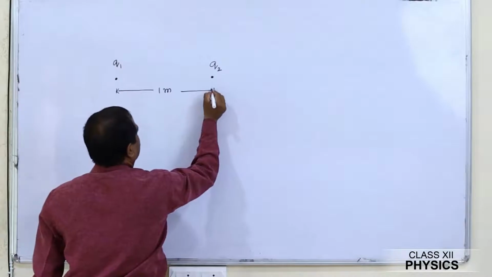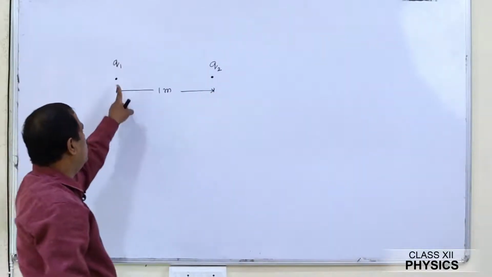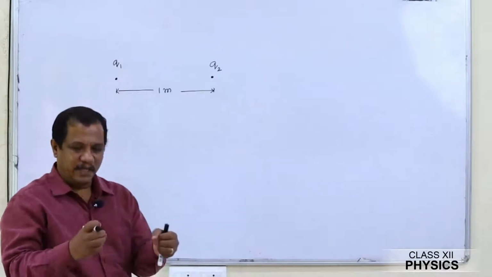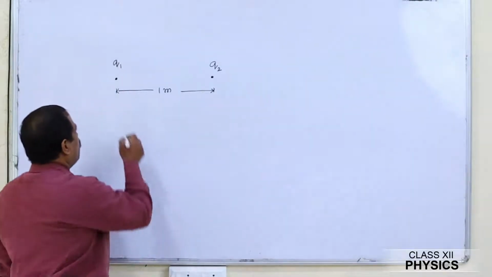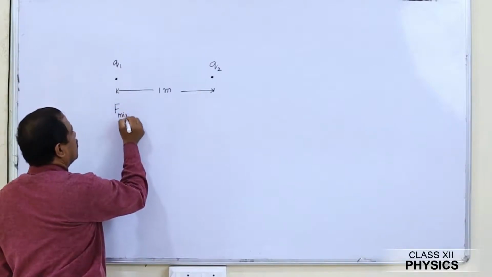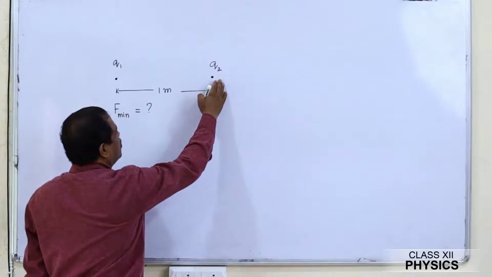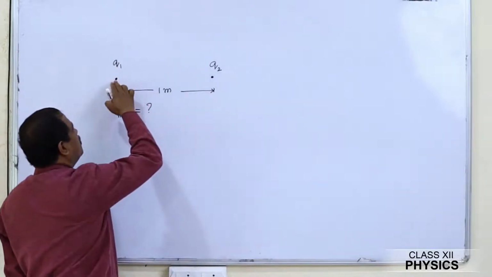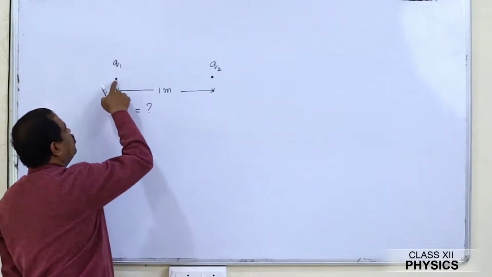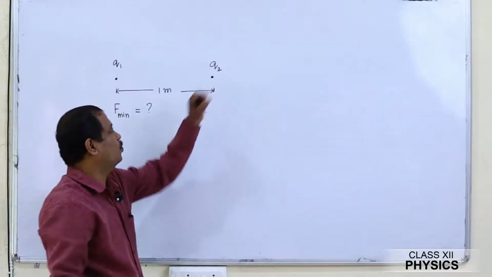The distance is fixed. The question is, now Q1 and Q2 both will be experiencing force. What is the minimum force that the charge Q2 will experience, or rather say, what is the minimum magnitude of force that the charge Q1 will experience due to Q2.